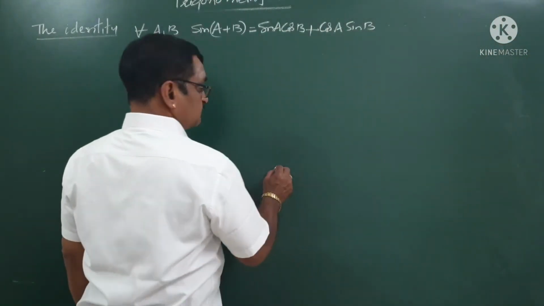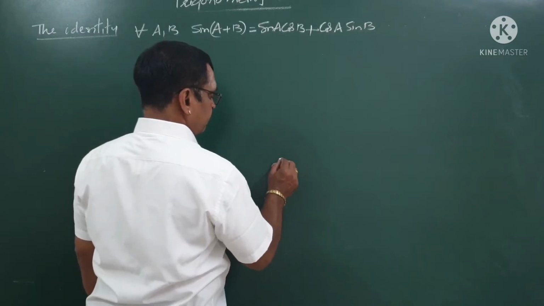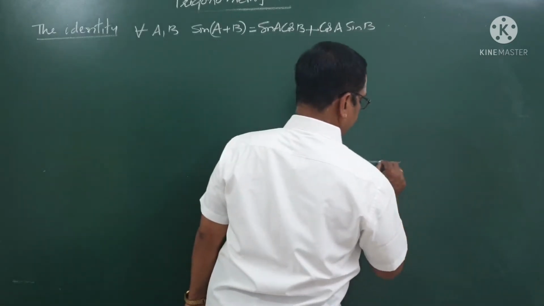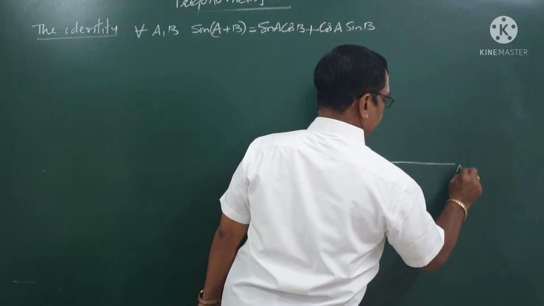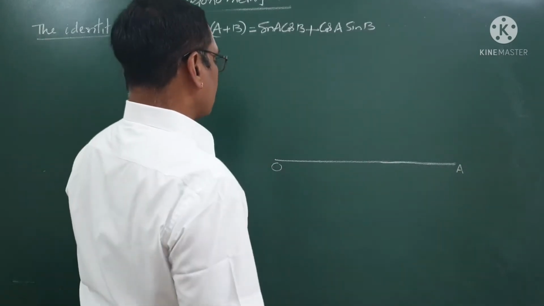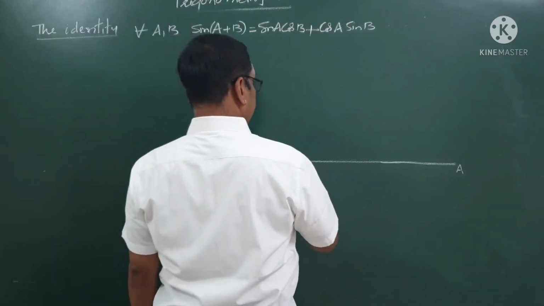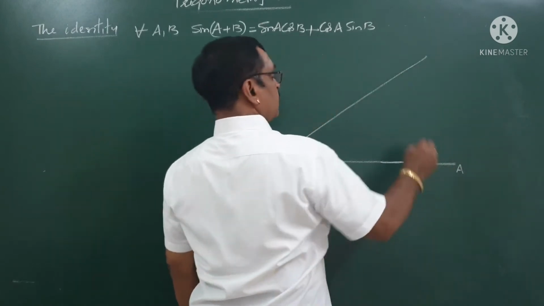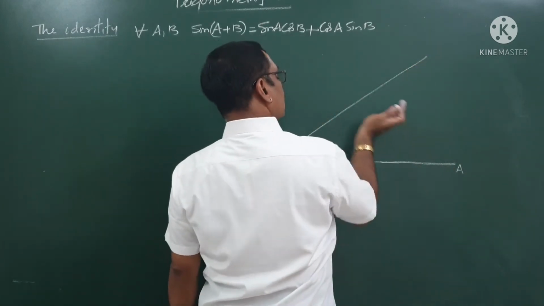Let OA be the initial line. OA rotates through an angle, say to OB.